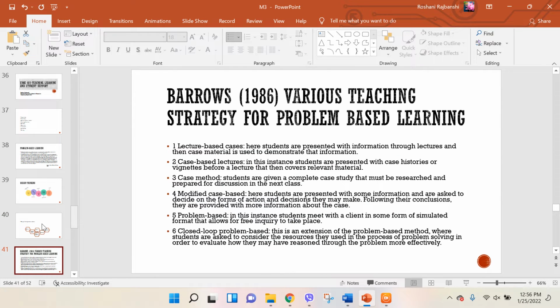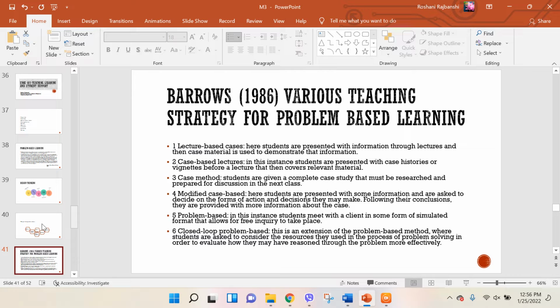Now Barrows' various teaching strategies for problem-based learning. Barrows puts forward various teaching strategies. He says lecture-based cases is one of them, case-based lectures is another one, the case method is another one, and modified case-based is another one.